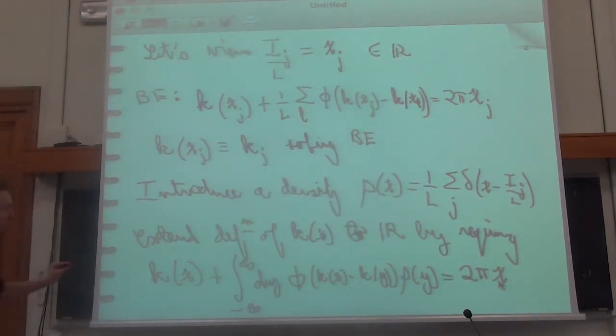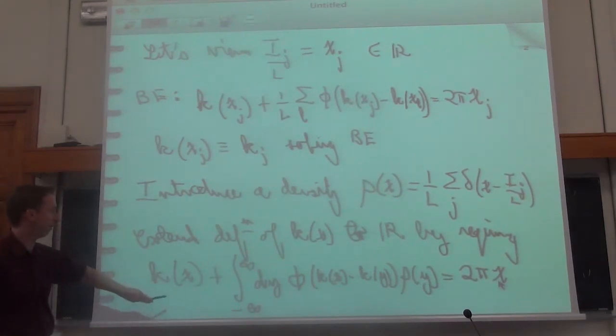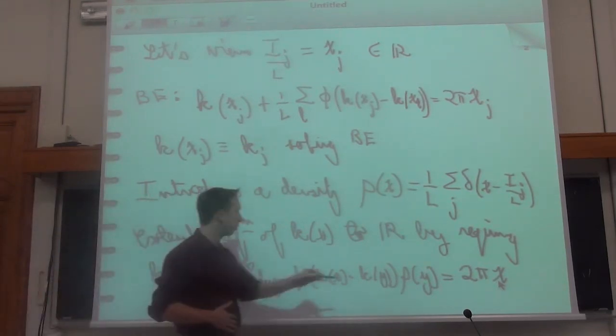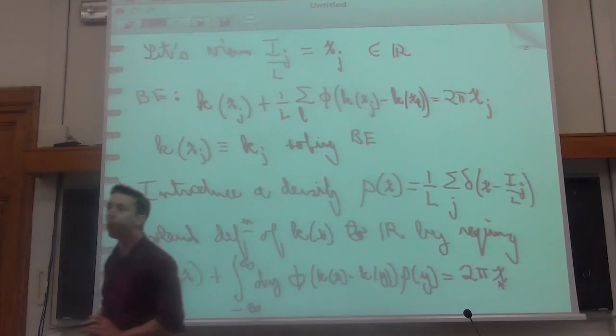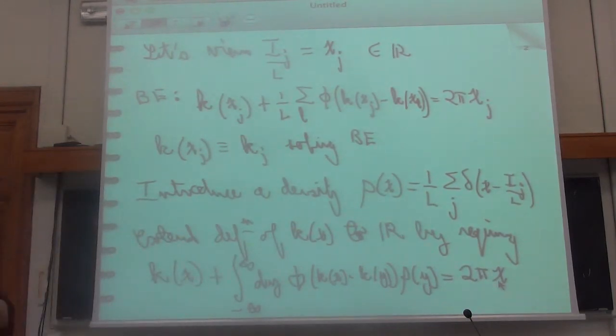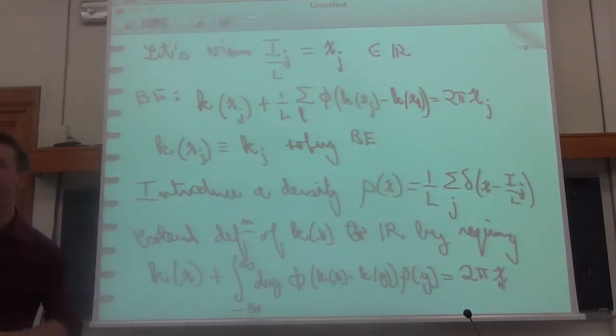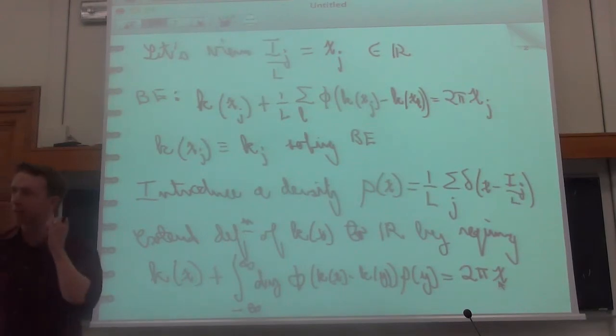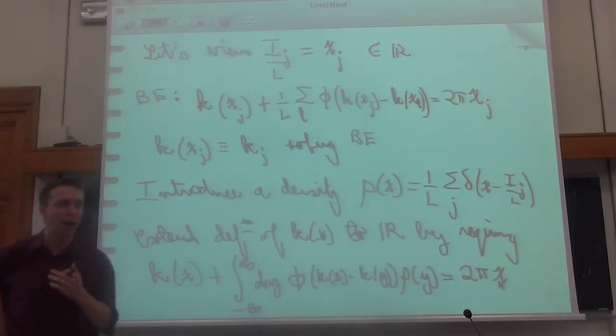Now, of course, this is just a linear integral equation for k of x, and it will have an explicit solution provided you input a rho of y. So rho of y is essentially the place where your labeling of eigenstates is now hidden. So you give me a rho of y.